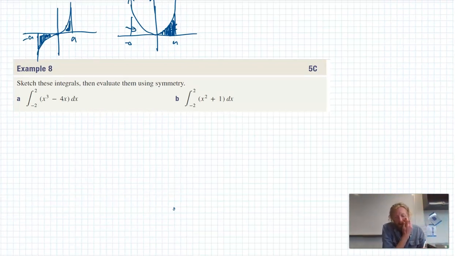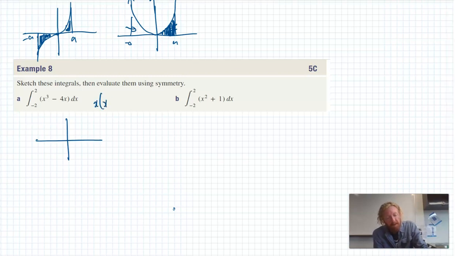What's that first one? Sketch the integrals and evaluate them using symmetry. x cubed minus 4x. Looks odd, right? Let's just do a quick little sketch. Factor the x out, and I get x squared minus 4. So he cuts at 0, 2, and negative 2. If I factorize that further, there is a positive cubic, so he's going to go like that.